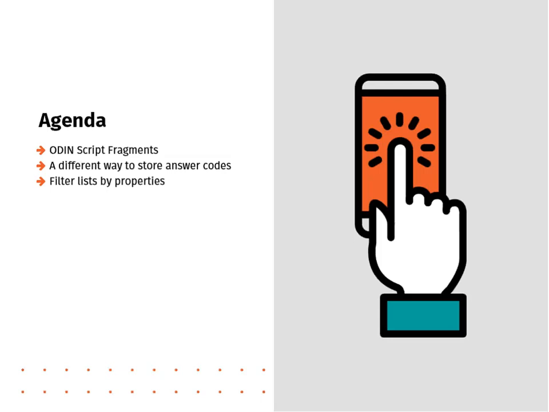We have a different way to store answer codes, and we have a new feature to filter the list by the properties of the list, and that will replace the way we used star control now to filter enormous lists just for different purposes. So let's have a look at the first one.